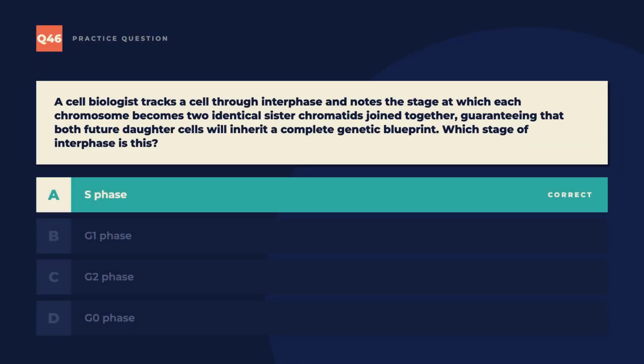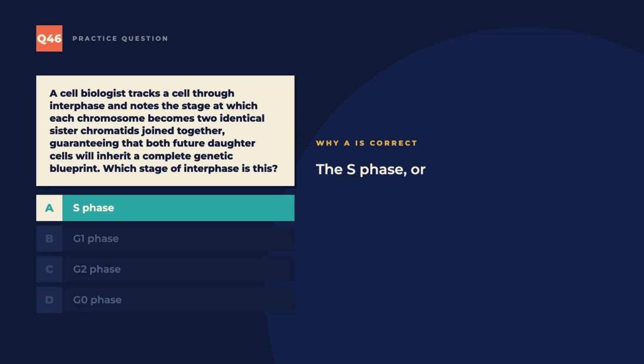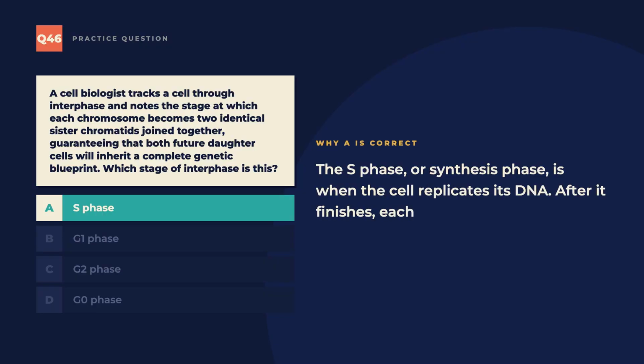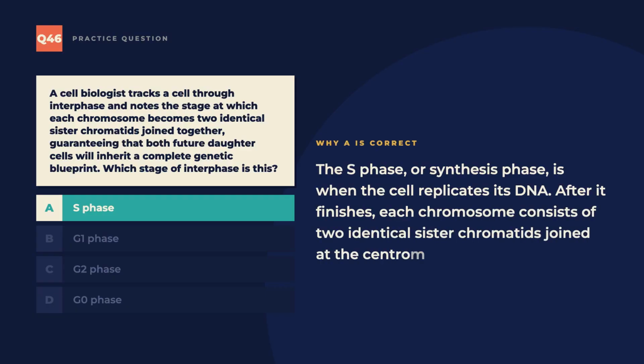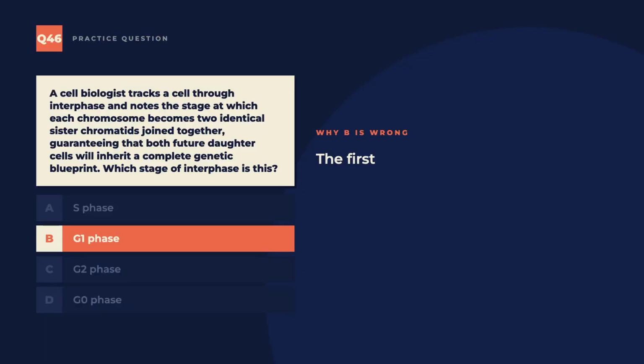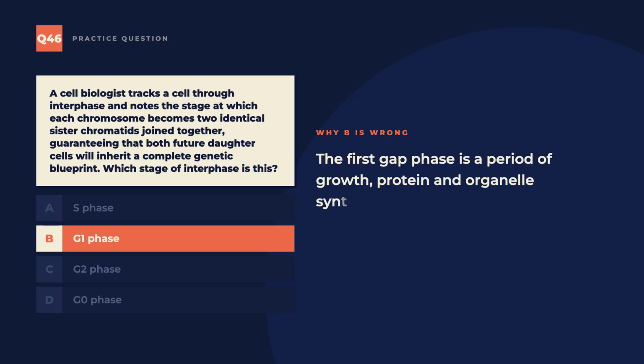The correct answer is A. S phase. A is correct because the S phase, or synthesis phase, is when the cell replicates its DNA. After it finishes, each chromosome consists of 2 identical sister chromatids joined at the centromere. B is wrong because the first gap phase is a period of growth, protein and organelle synthesis, and routine metabolic work.